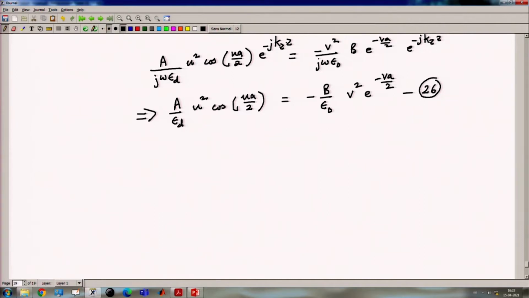At x equal to a by 2 we also have the equality of the tangential magnetic field components H y.